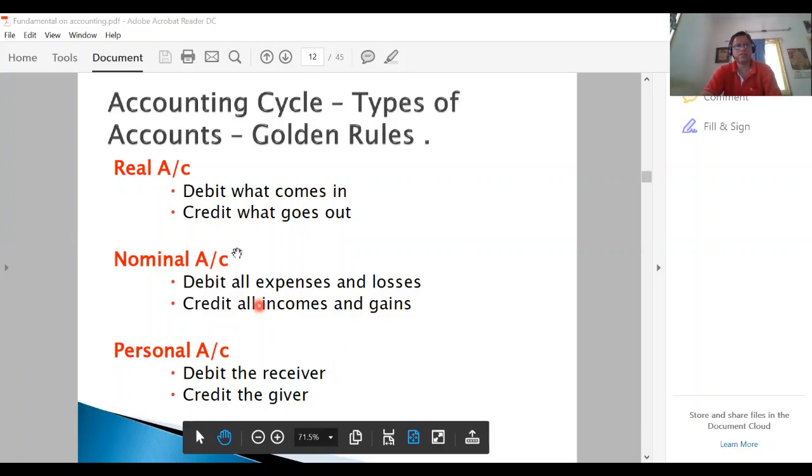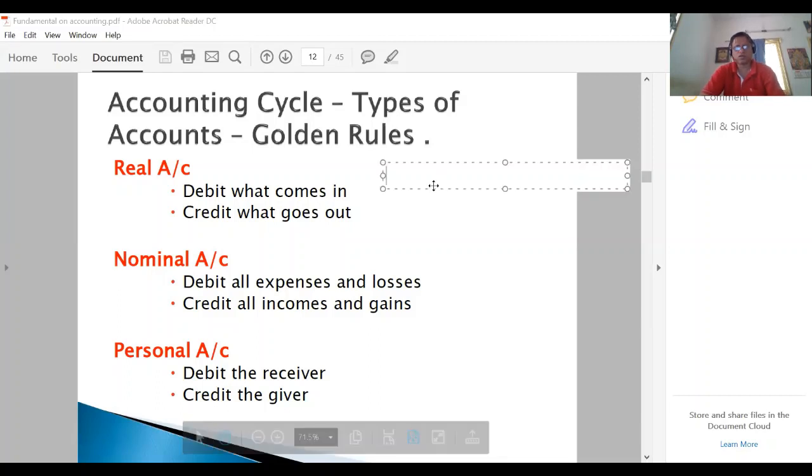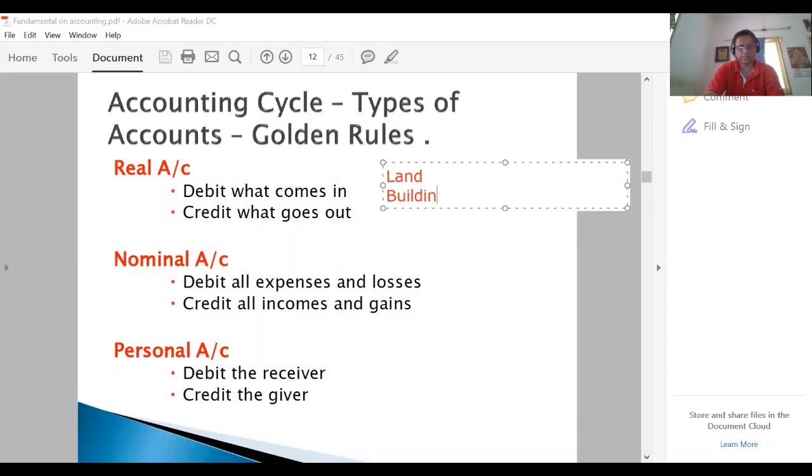Okay, so these are the 3 major important ones. Before we move on to the next page, we will also understand the line items we classify as a real account. We have land, building, plant, machinery, and cash.